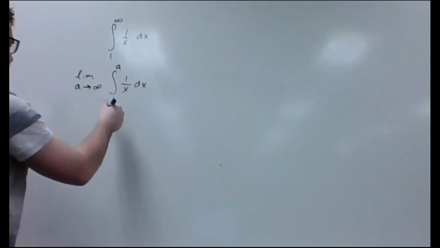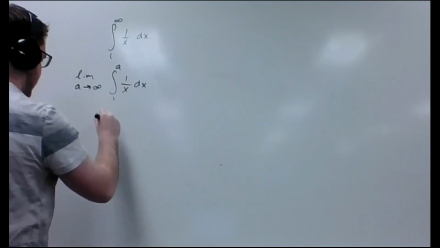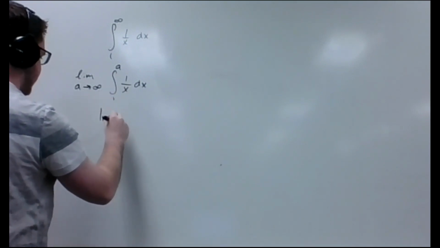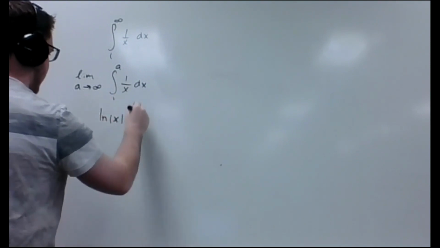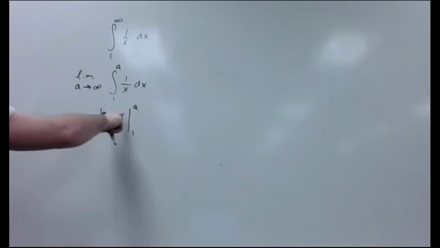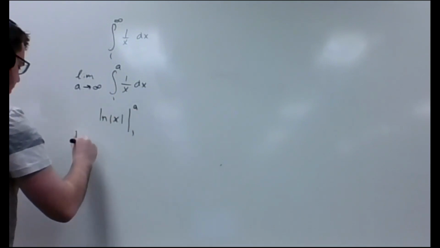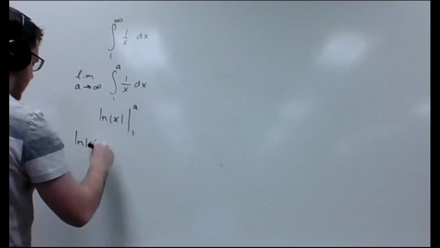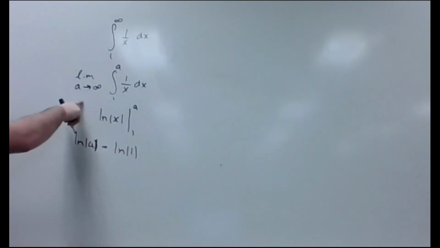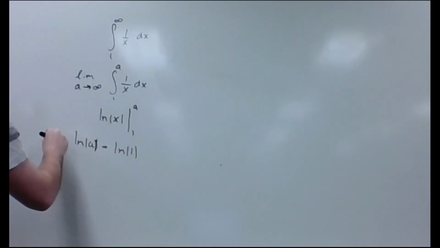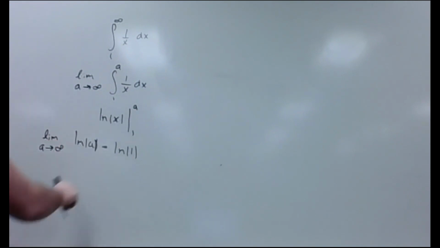And then we're just going to solve the integral, which we know is ln of x. And we're going to evaluate that from 1 to a, right? And so we're going to have ln of a minus the ln of 1. And now we can say the limit as a approaches infinity of this whole function.